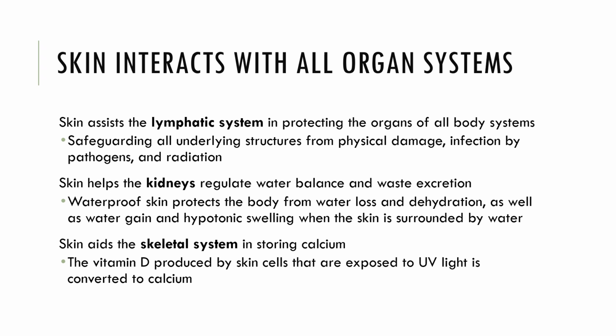The skin also helps the kidneys regulate water balance and waste excretion by waterproofing the skin to protect the body from water loss and dehydration. The skin aids the skeletal system in storing calcium. So the vitamin D produced by the skin cells that are exposed to UV light is converted to calcium.